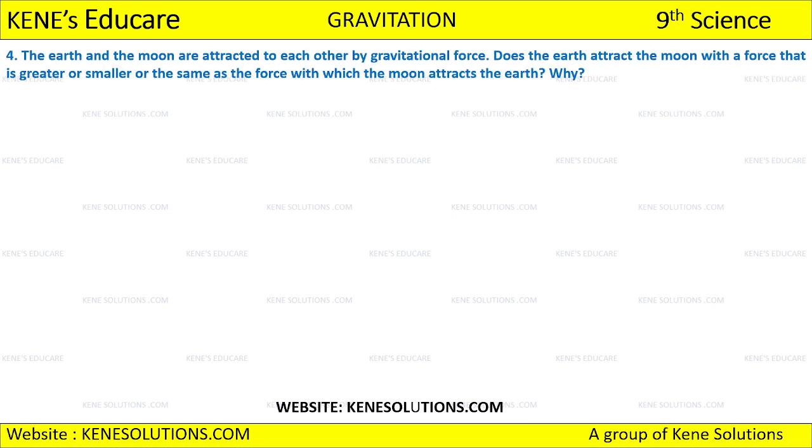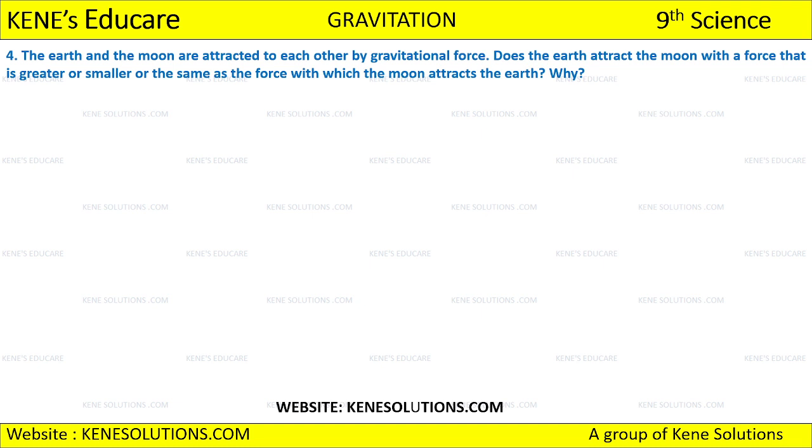The earth and the moon are attracted to each other by gravitational force. Does the earth attract the moon with a force greater, smaller, or the same as the force with which the moon attracts the earth? Why?